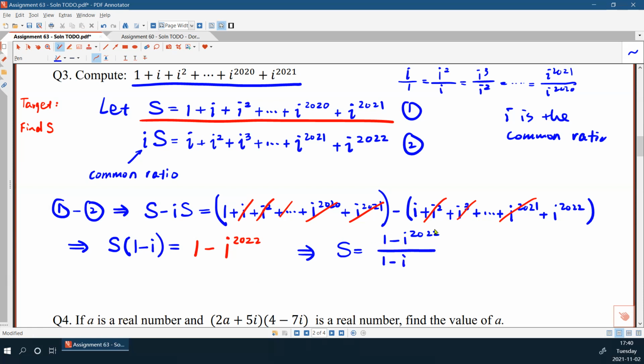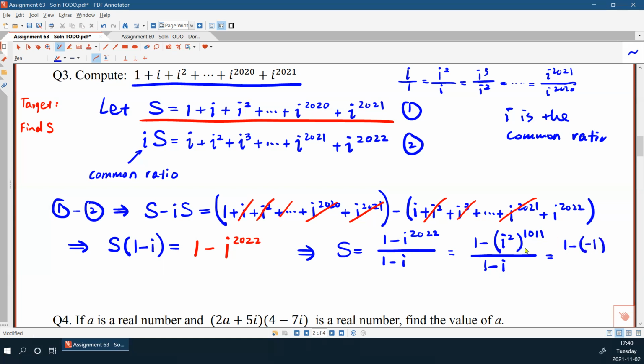But it's not over yet. We need to simplify. i to the power of 2022 can be simplified: it is i squared to the power of 1011, and i squared is minus 1.